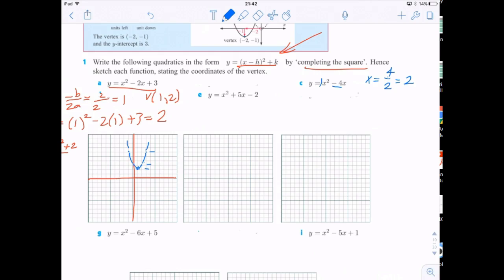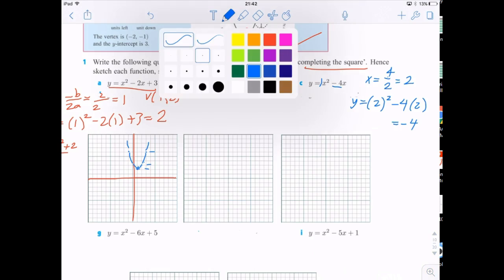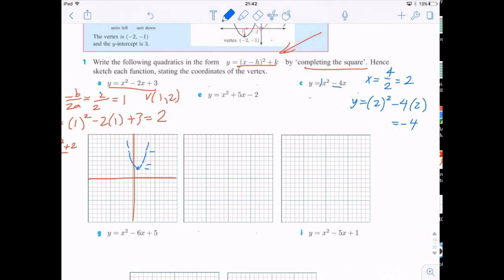And then the y-coordinate would be y equals 2 squared minus 4 times 2, which is 4 minus 8, which is equal to negative 4. So the vertex would be (2, negative 4), right?